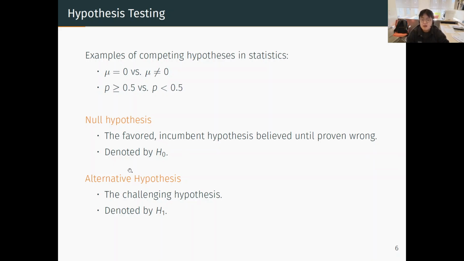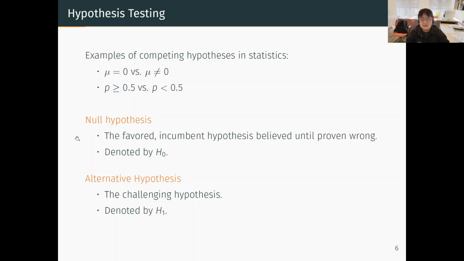And on the other side, you are comparing the null hypothesis with the alternative hypothesis. This is literally the challenger, the challenging hypothesis, literally the alternative. If the null is proven wrong, then you are going to take the alternative hypothesis. That is denoted by H1, because it's alternative, as opposed to 0, we use 1.